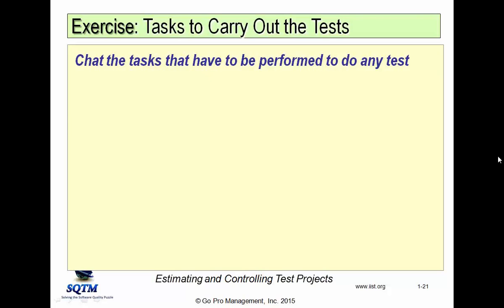Yeah, good. Okay, any other? Yes, okay. Identify the test scenarios. Yeah, okay. Anything else? Any other tasks that you have to do? So you're identifying the scenarios and the environment and data. Anything else?